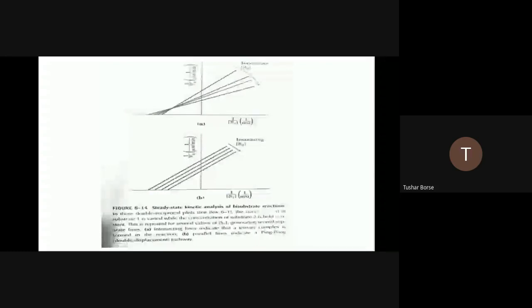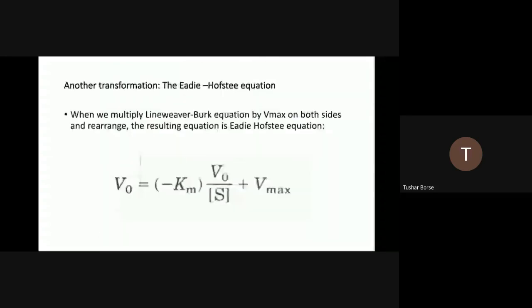Another transformation is the Eadie-Hofstee equation. It's given in Lehninger in a very short form. What we'll do is multiply this Lineweaver-Burk equation by Vmax on both sides, and after rearranging that Lineweaver-Burk equation, we'll get this Eadie-Hofstee equation.